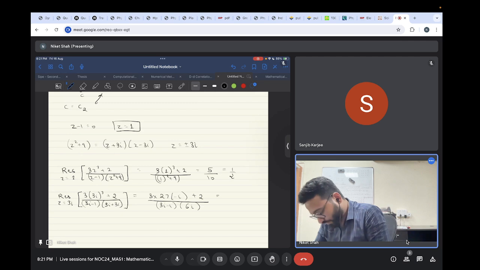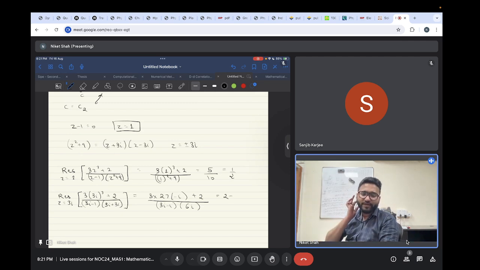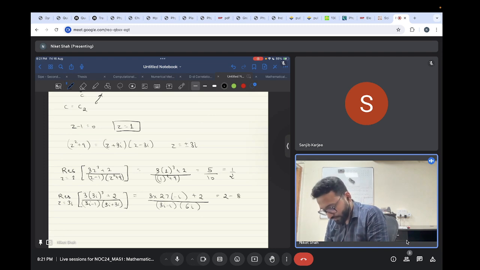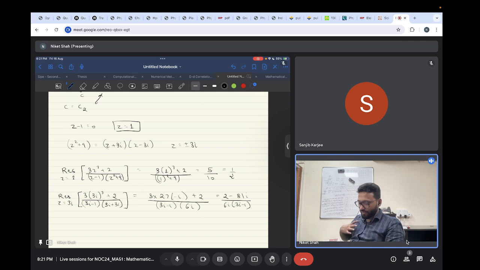Is equal to 2 minus 27 into 3, 54, 81. 2 minus 81i divided by 6i into (3i minus 1). This is the residue at z equal to 3i. Let's see the residue at z equal to minus 3i.